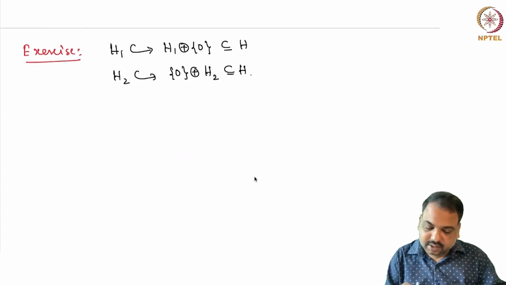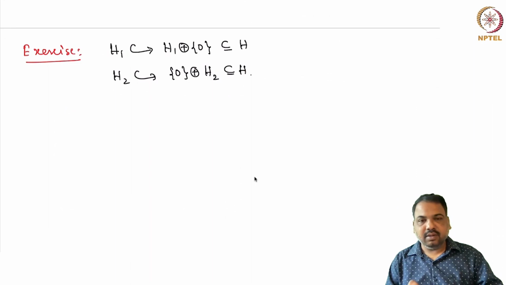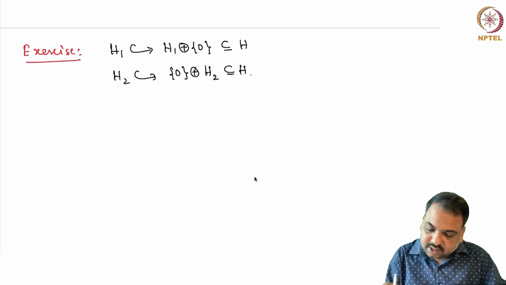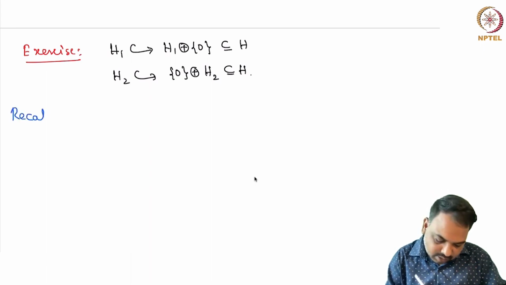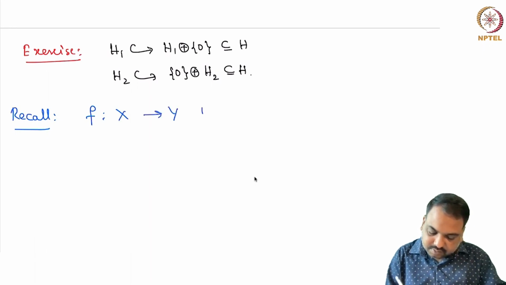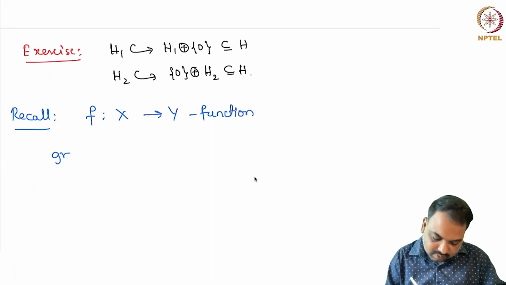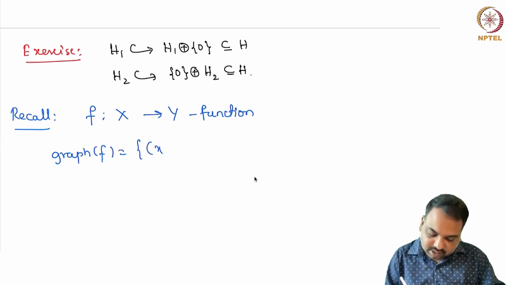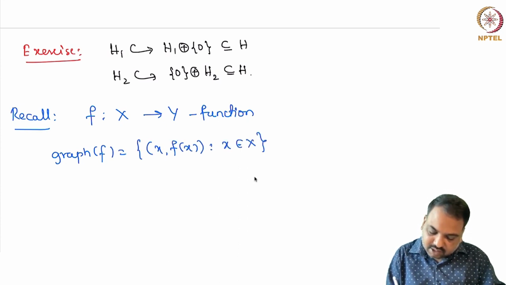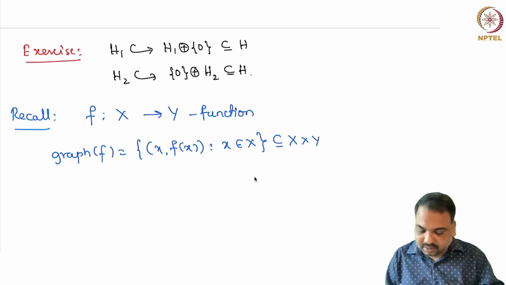Now we want to define the graph of an operator, which is a generalization of the graph of a function. So let us quickly recall. If f is a function from X to Y, then the graph of f is the set of all (x, f(x)), where x is coming from X. This is a subset of X cross Y, right?